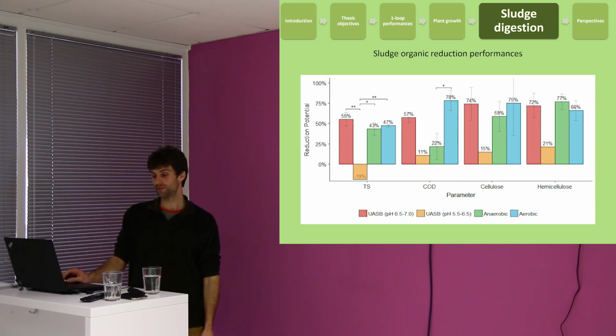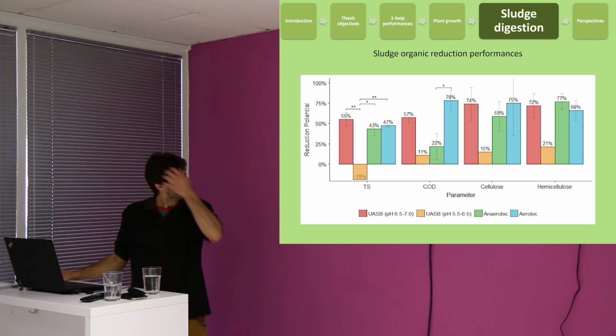Here for the reduction, we look at total solids, COD, and also cellulose and hemicellulose reduction. What we can see is that the one that went acidic had a very low performance for reduction, and it was statistically different in this case and in this case.